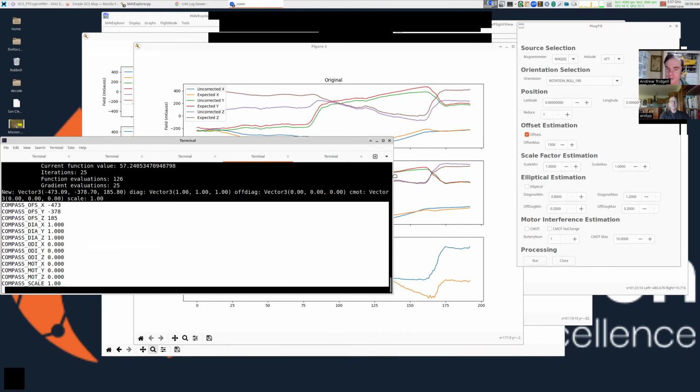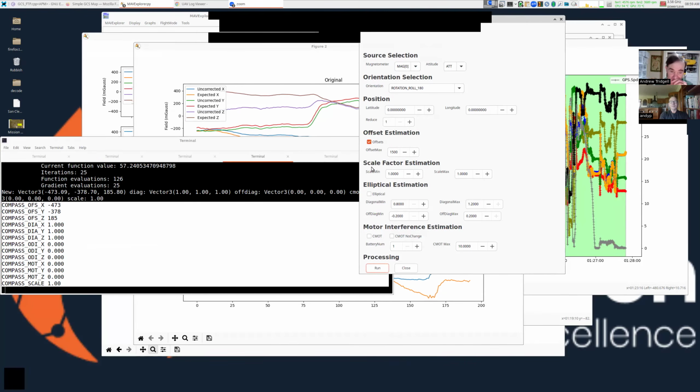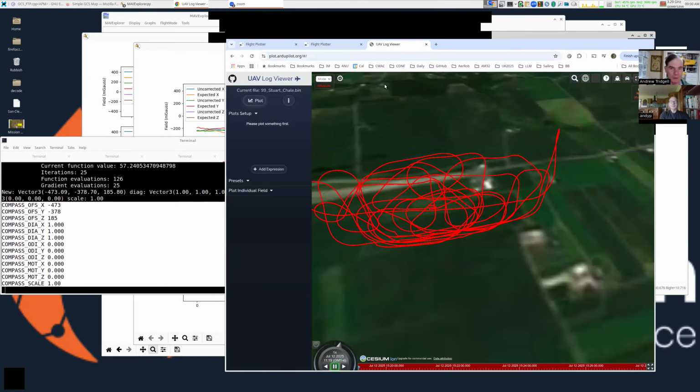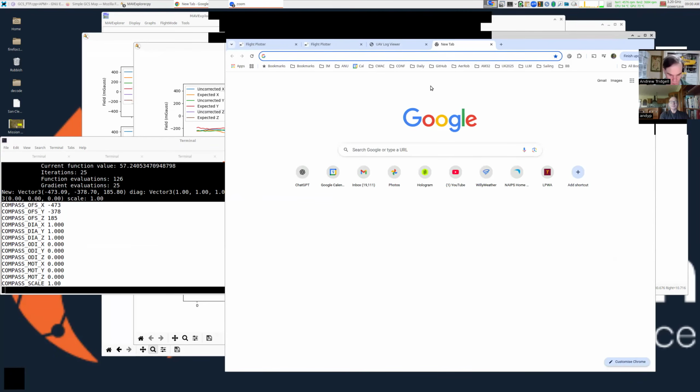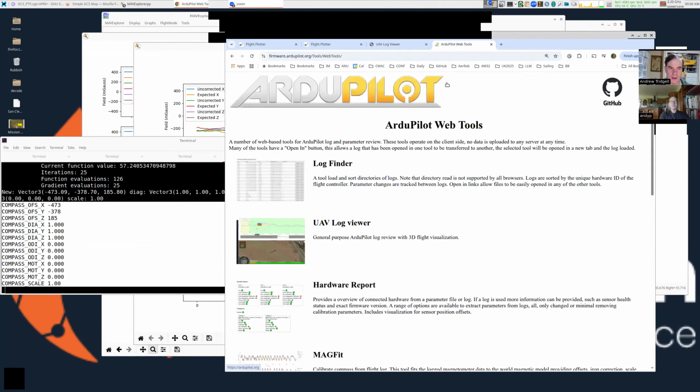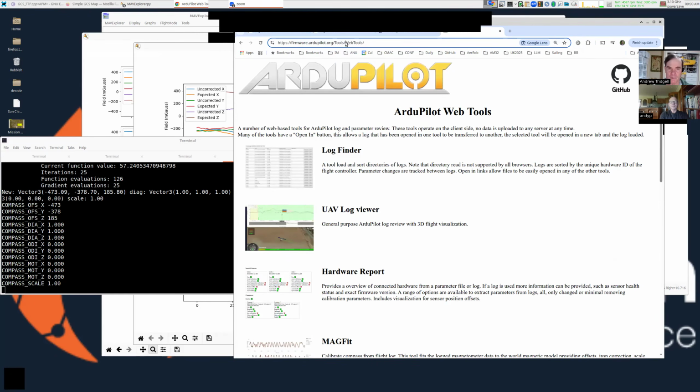Now, it can also do all sorts of other things. It can do scale factor estimation, elliptical estimations, and more. You can dive into this sort of thing a lot. There's also an online tool. If you don't want to download and install MAVExplorer, you can use this. This is new since when I last was getting involved in FlightCoach.